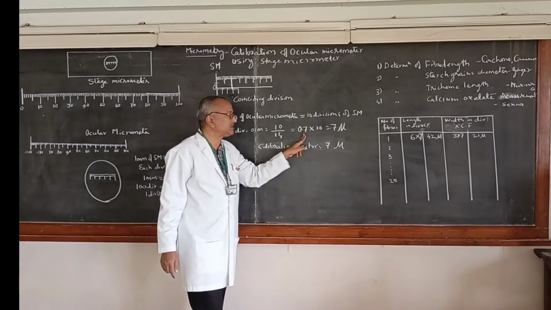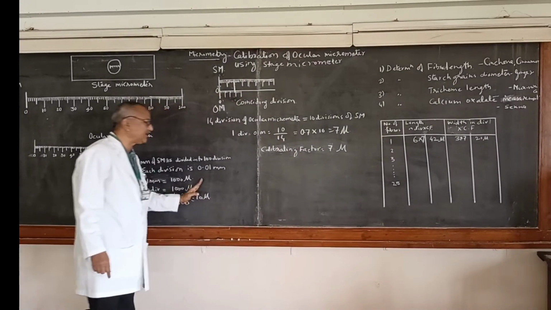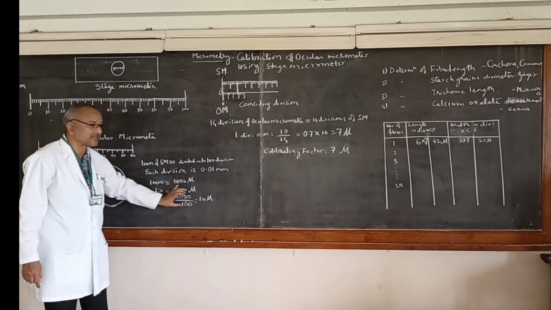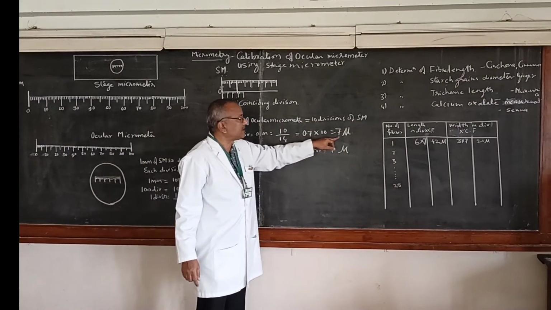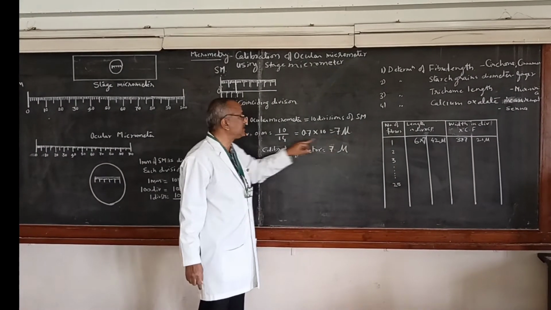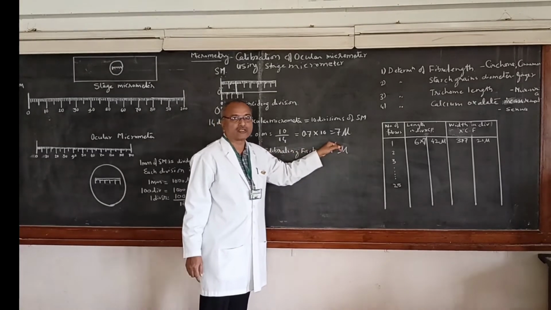This doesn't have any units, but when you multiply with 10, the calibrating factor will be 7 microns itself.